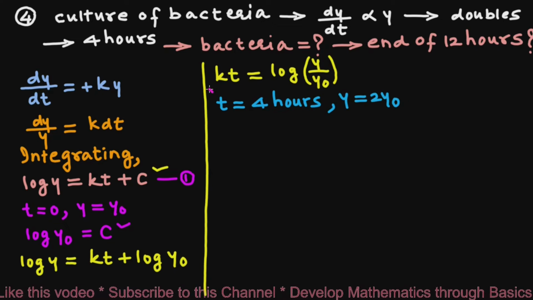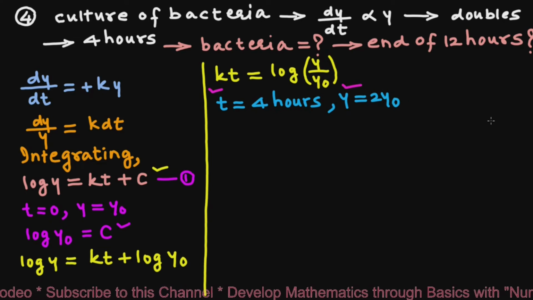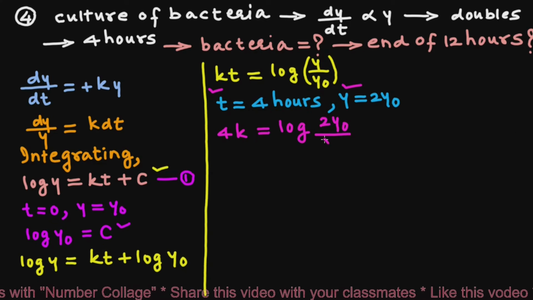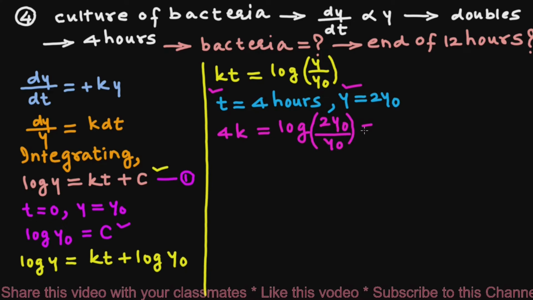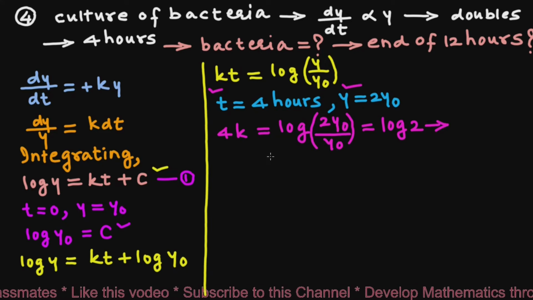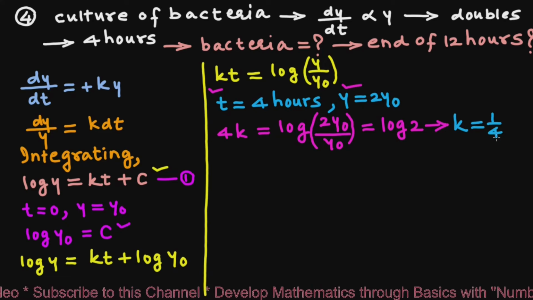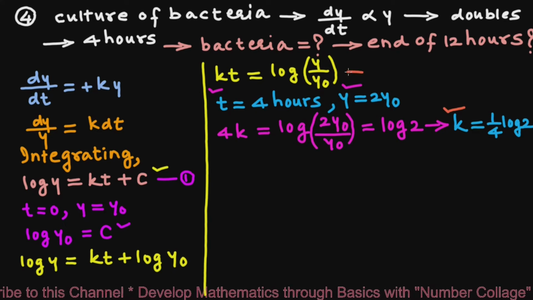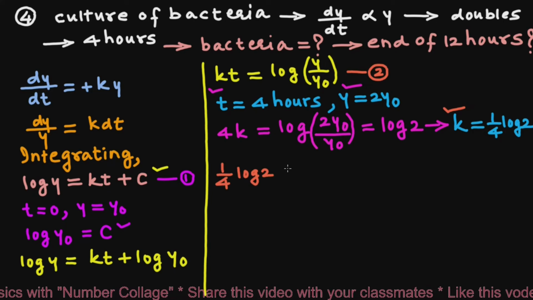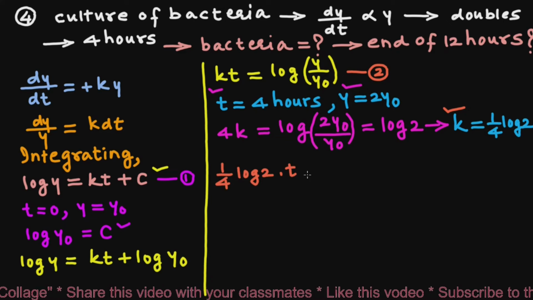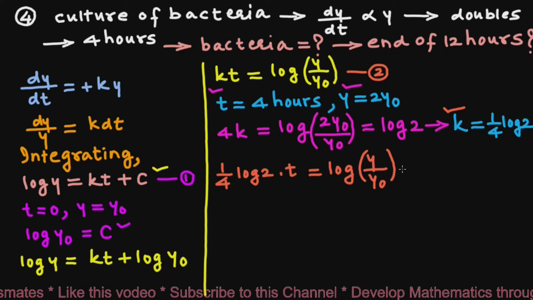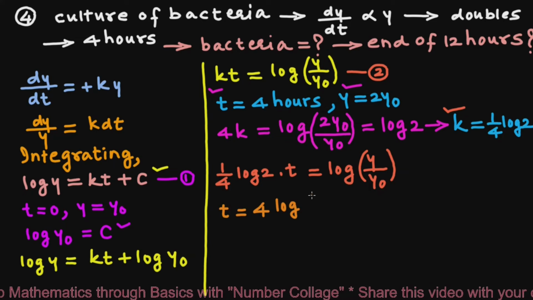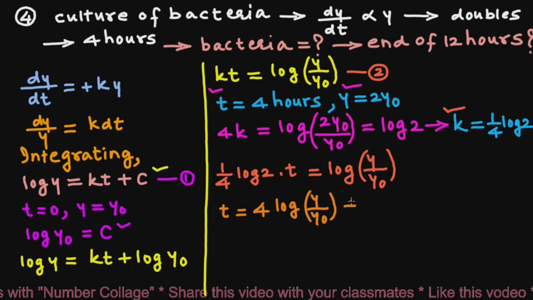So after putting t equals 4, y equals 2y0, we get 4k equals log 2y0 upon y0. That will be log 2, which gives us k equals 1/4 log 2. Now we will use the value of k in equation 2 and write 1/4 log 2 multiplied by t equals log y upon y0. So that will be t equals 4 times log y upon y0 upon log 2.